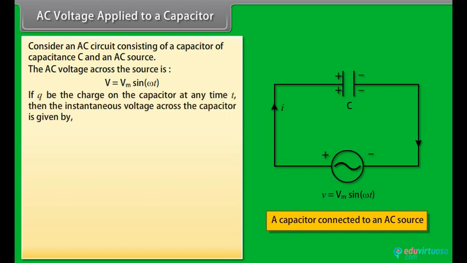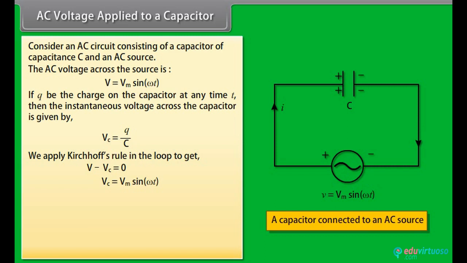If Q be the charge on the capacitor at any time t, then the instantaneous voltage across the capacitor is given by Vc is equal to Q divided by C. We apply Kirchhoff's rule in the loop to get V minus Vc is equal to 0.